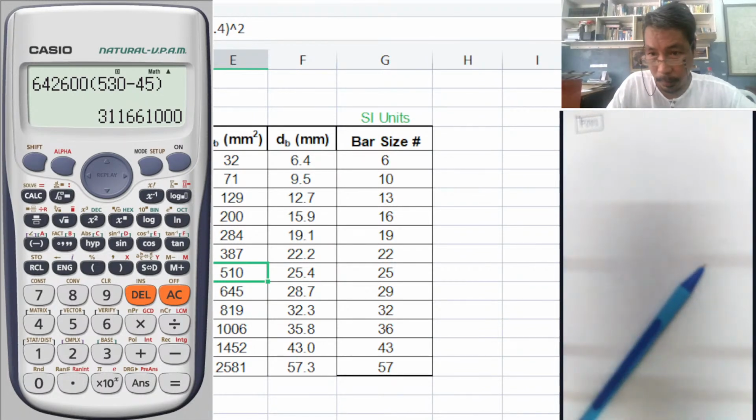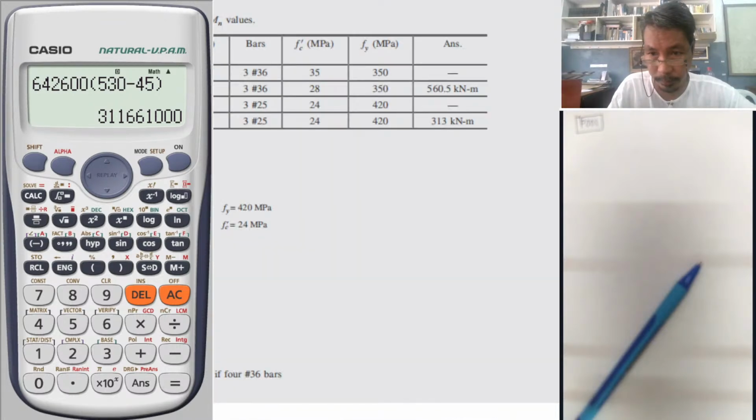So for problem number 3, let us move back to our problem number 3. It is better because we have already a given sketch.